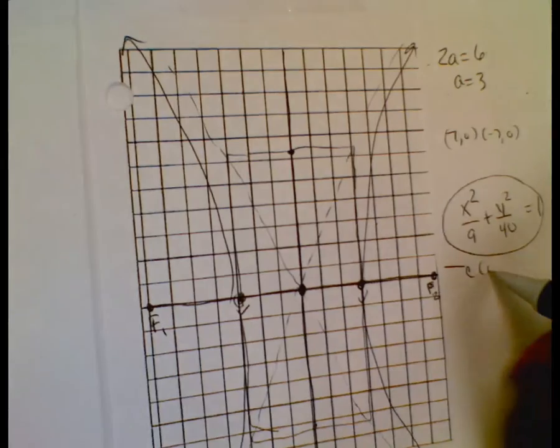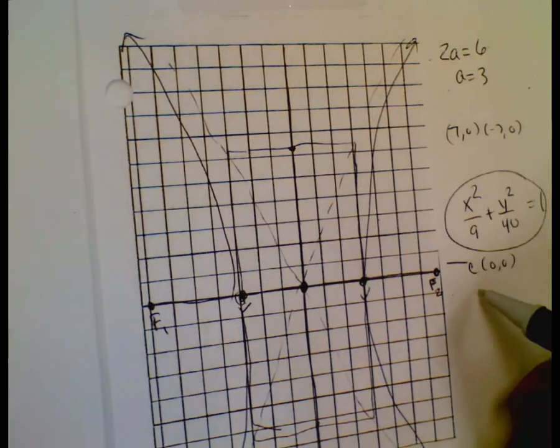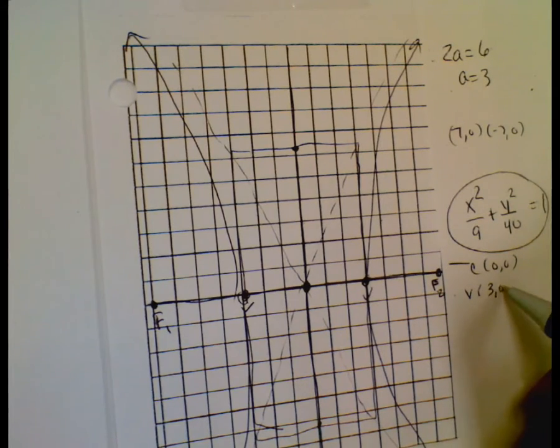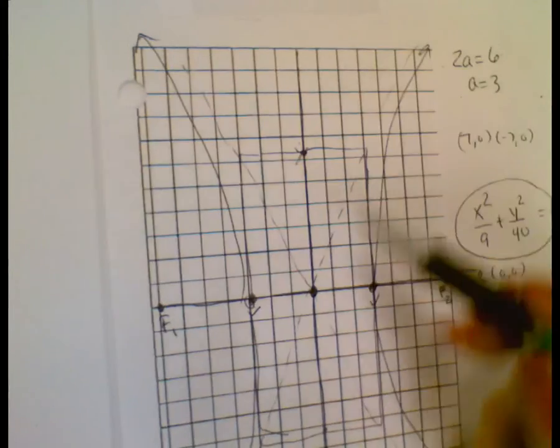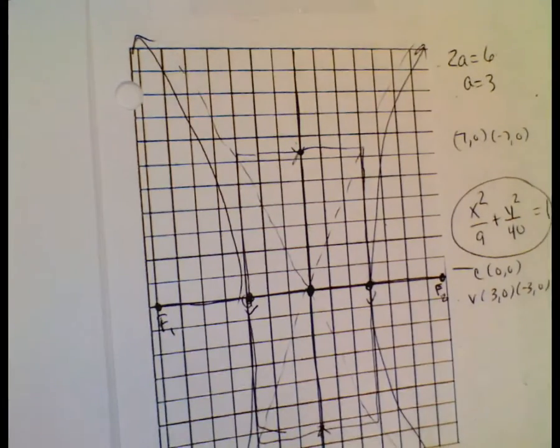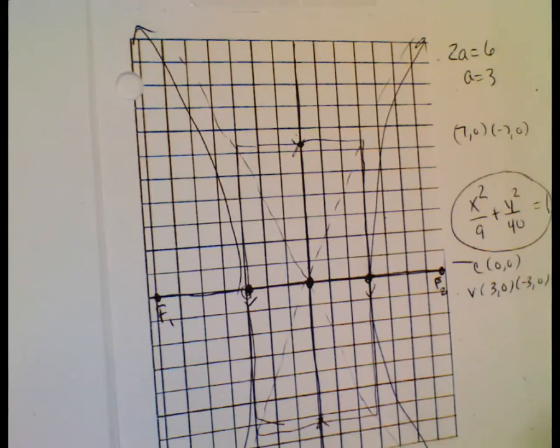Hyperbola. Center, 0, 0. And what else do we want? We wanted the vertices. The vertices were 3, 0 and negative 3, 0. We do not have to list the co-vertices up here, because they're just there for the box. And then it asks for the asymptotes.